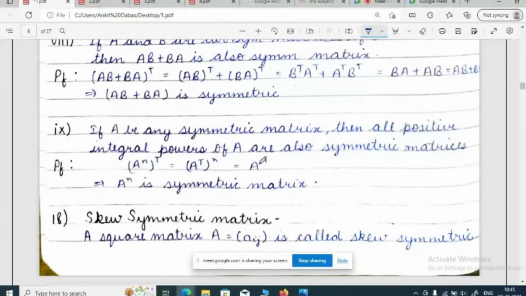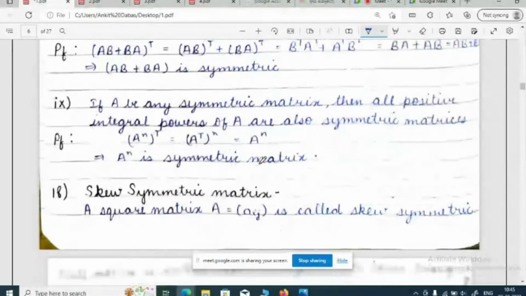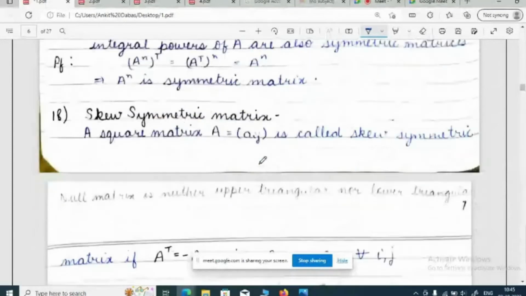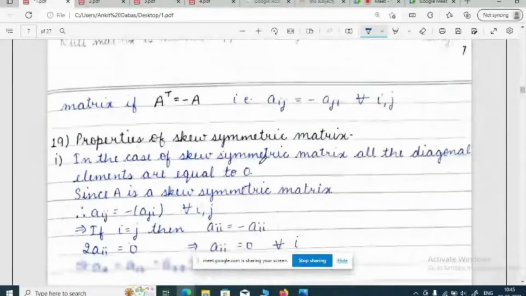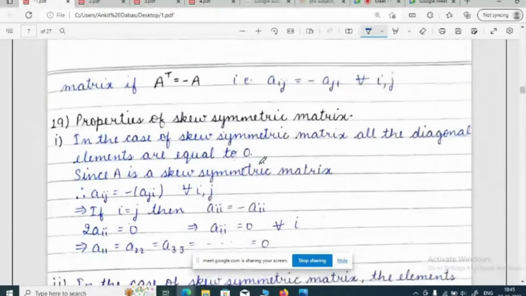The other matrix we have is the skew symmetric matrix, in which the transpose of a matrix is equal to the negative of the same matrix.